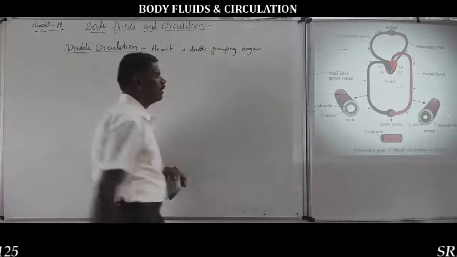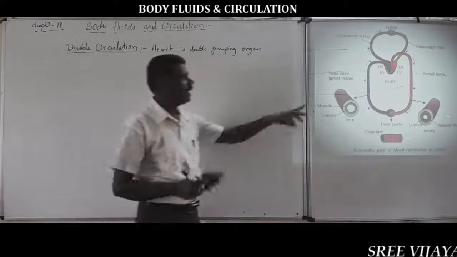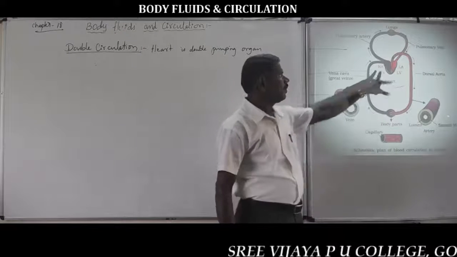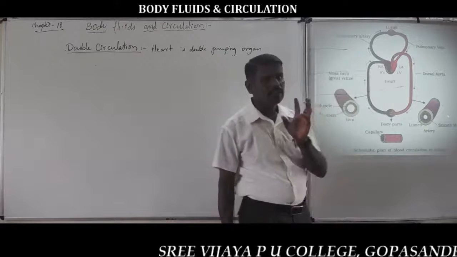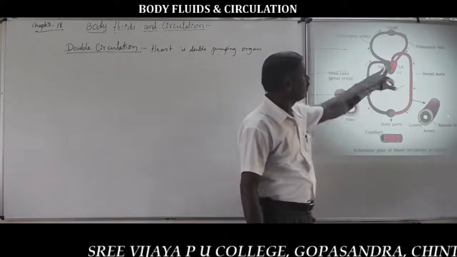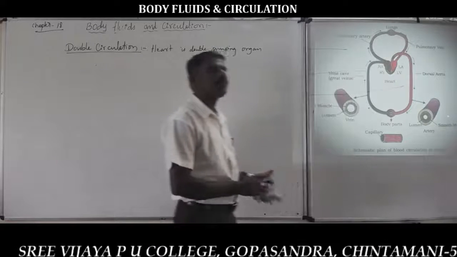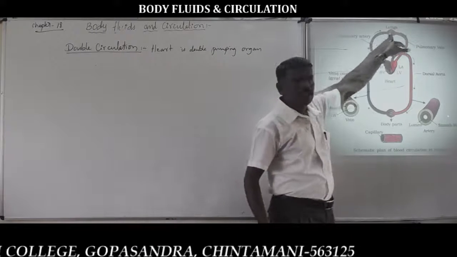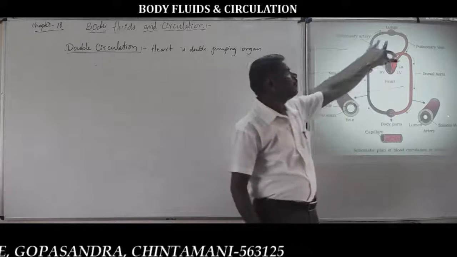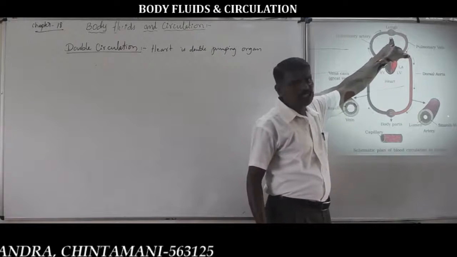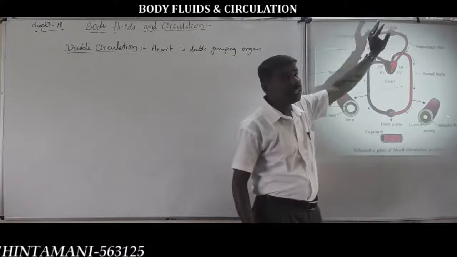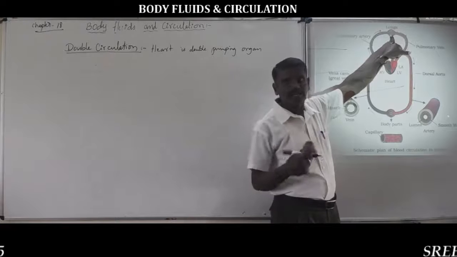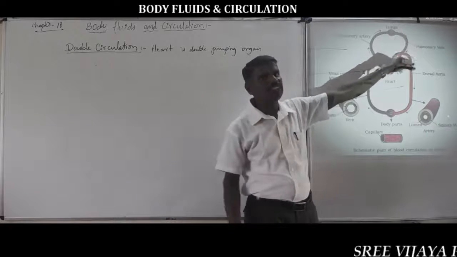Here, just see the diagram, it is a heart. The heart pumps the deoxygenated blood towards the lungs. In the lungs, the deoxygenated blood releases the carbon dioxide in the alveolar part and accepts oxygen from the alveoli, as we discussed in gaseous exchange.